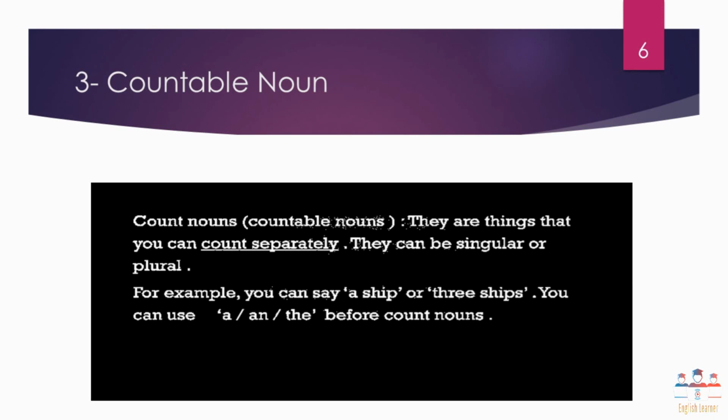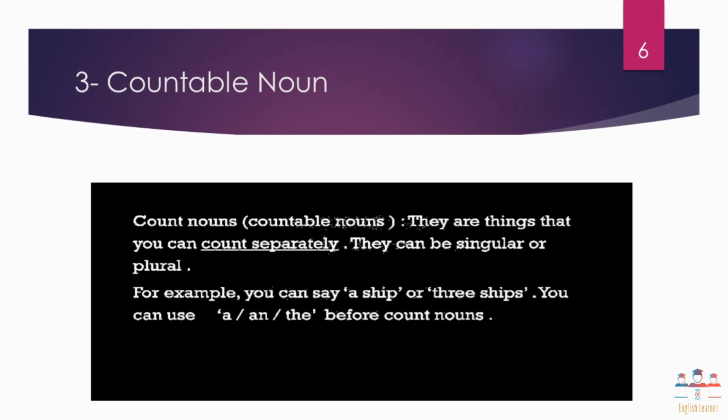Next is countable noun. Countable nouns are also called count nouns. As the name indicates, we can count them. These are the things that you can count separately, and they can be in a singular or a plural form.